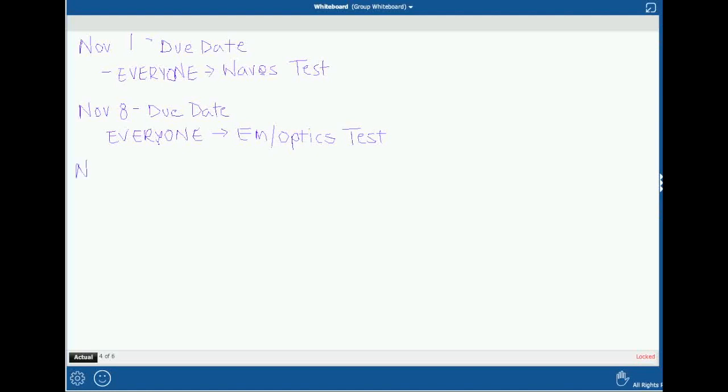On November 15th, that's also a Wednesday. This is your last due date before not spring break, Thanksgiving break. Everyone will have their electricity and magnetism test too.